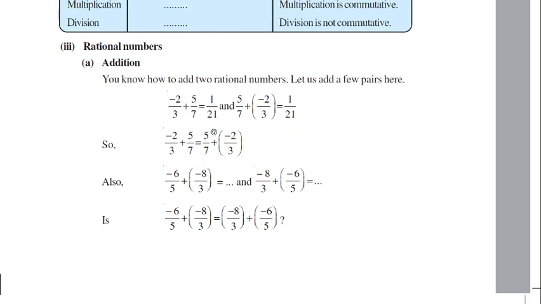So we will see it further. Here we have been explained the commutative property. That means if you add minus 2 upon 3 plus 5 upon 7, or you add 5 upon 7 plus minus 2 upon 3, we will have the same answer. So it is nothing but the commutative property.